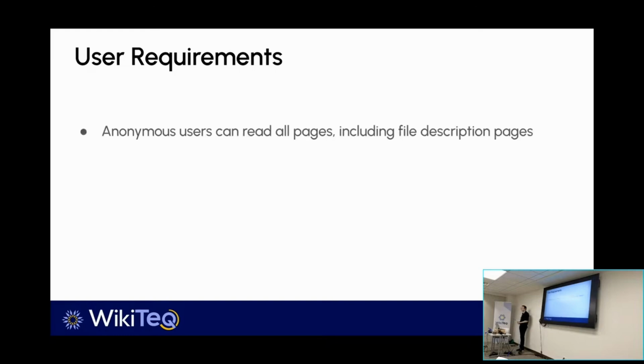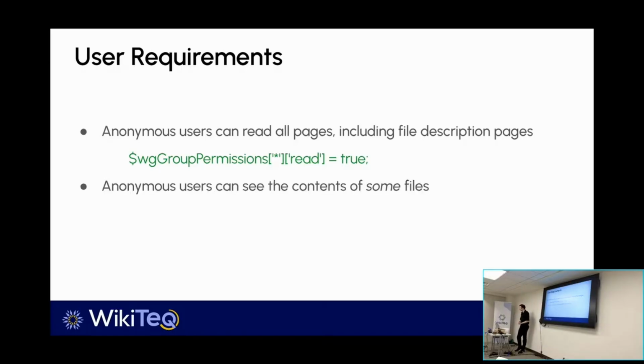They want anonymous users to be able to read all the pages on their wiki, including the file description pages. In other words, the group permissions should look something like that, where star, asterisk, everyone has read rights, rights with an R. Additionally, they should be able to see the content of some files, the content being what is in the PNG, SVG, PDF, separate from the description, the actual image or file content.